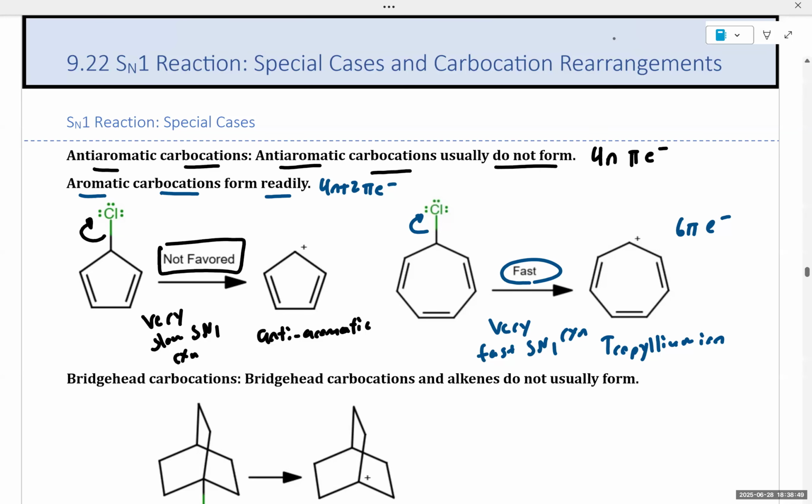So anytime you see a situation where your SN1 reaction is unusually fast or unusually slow to the point where it may not even occur, usually you're dealing with some sort of aromatic or anti-aromatic carbocation species. It is hard, if not impossible, to make anti-aromatic carbocations quickly and efficiently. As a counterpoint, aromatic carbocations form readily.